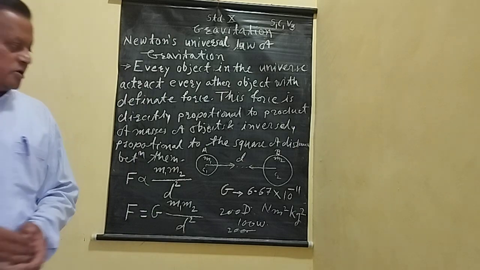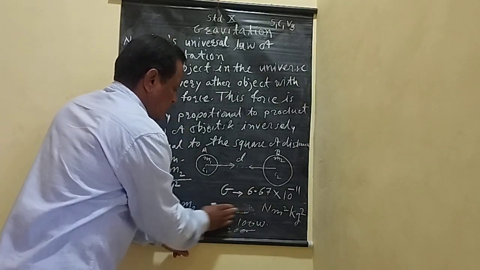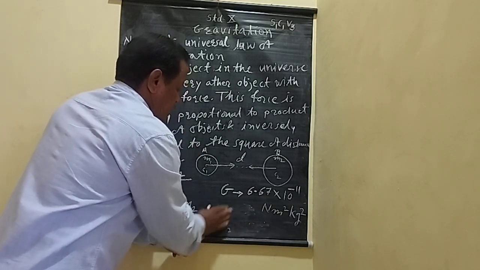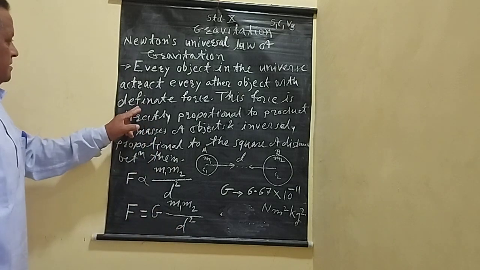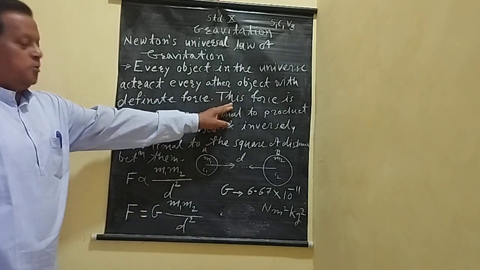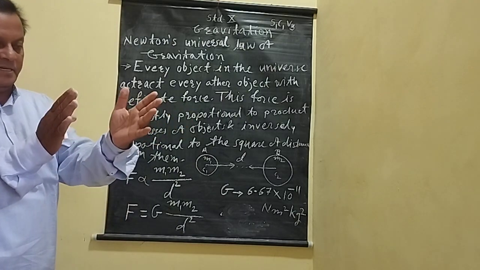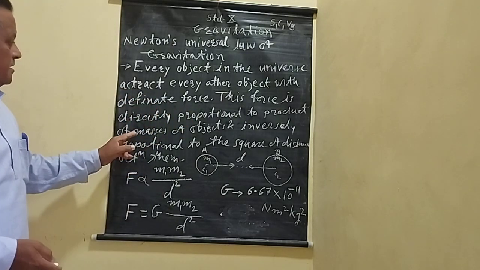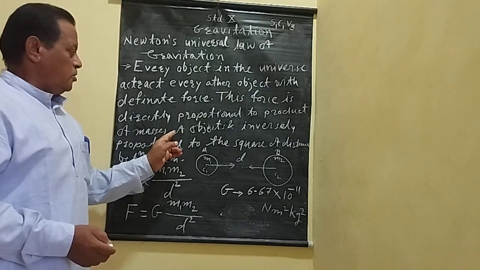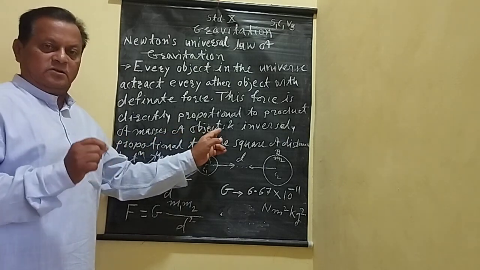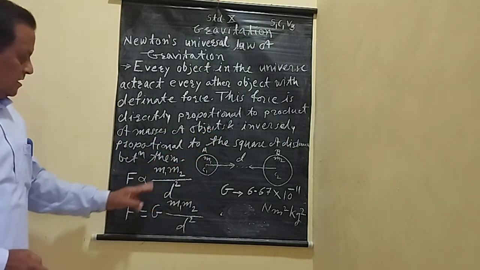And the same proportion applies here. This force, the force of attraction between two bodies, is directly proportional to the product of the masses of the objects, m1 m2.